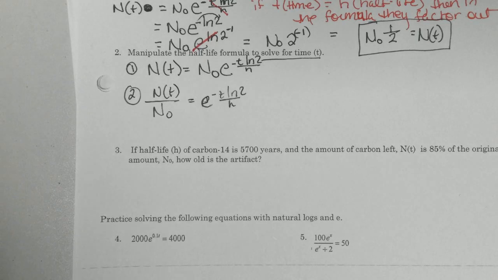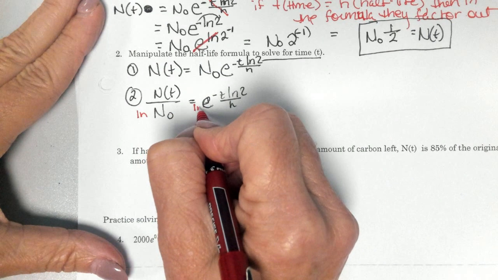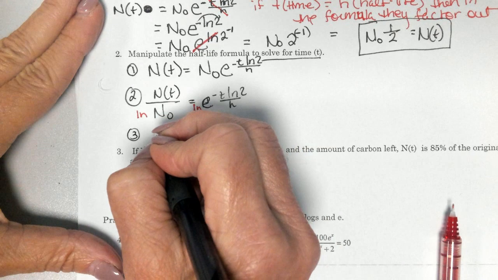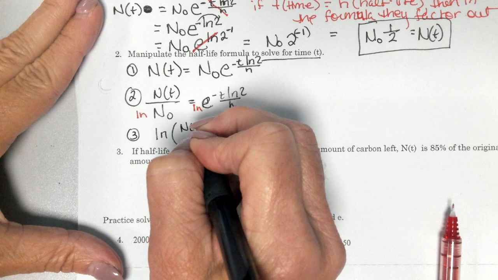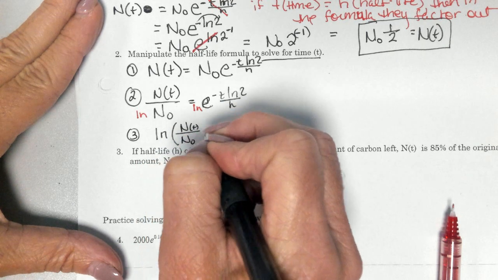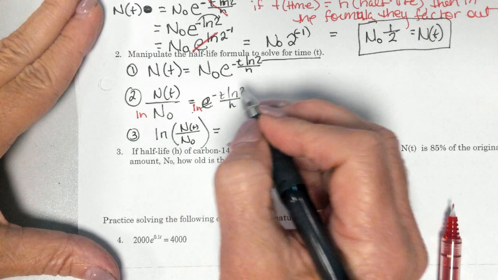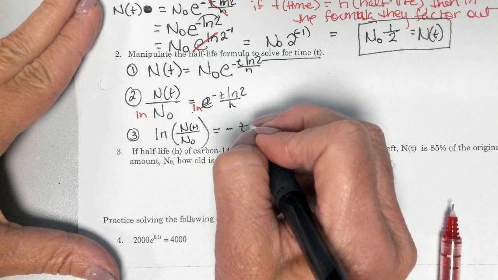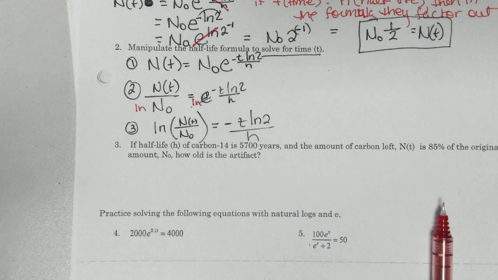So we're not going to log both sides, we're going to natural log both sides. So I'm going to write that in red here to show natural log. So now what we have is the natural log of N of t divided by N sub 0 equals, your base e is canceled, so you have a negative t times the natural log of 2 divided by h.